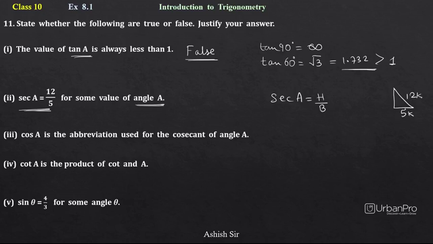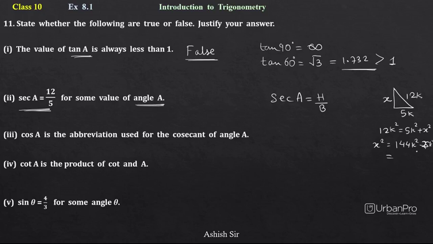So we can see that hypotenuse is 12k and base is 5k, and the third side we can take as x. So x square is equal to 12 square minus 5 square, that is 144k square minus 25k square.